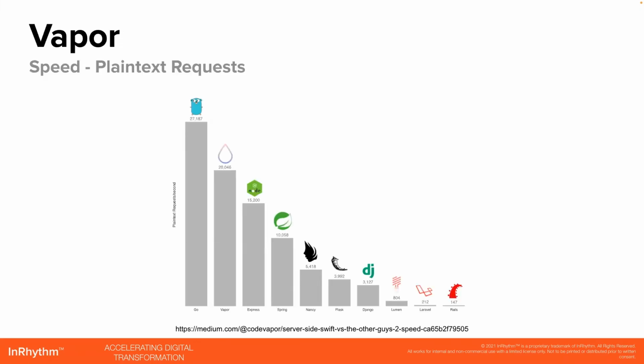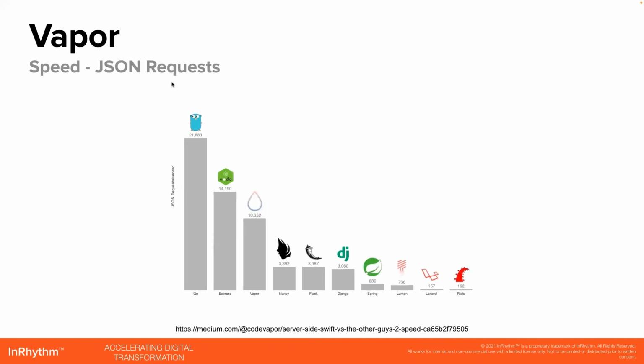So just taking a look at some metrics, right? Speed for plain text requests. We have Go at the top, and then we have Vapor in second place, even above Node and Django and Spring. So again, Vapor super fast. When we're talking about JSON requests, Go is still in number one place, followed by Node and Express, and then followed by Vapor.